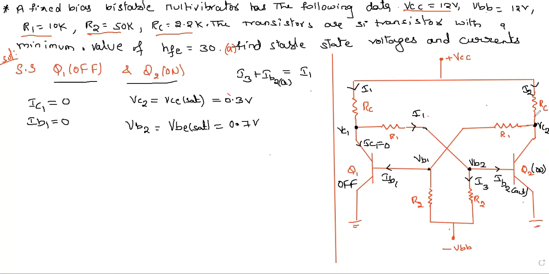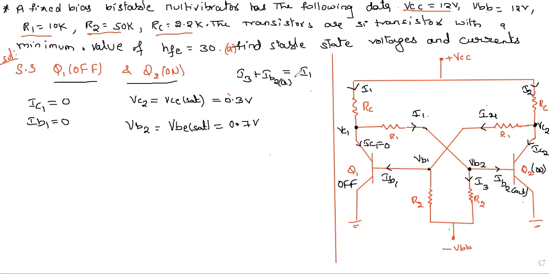Now the current I2 will split at this point into IC2, and some current will be divided into this, let us assume I4, the current flowing through R1.